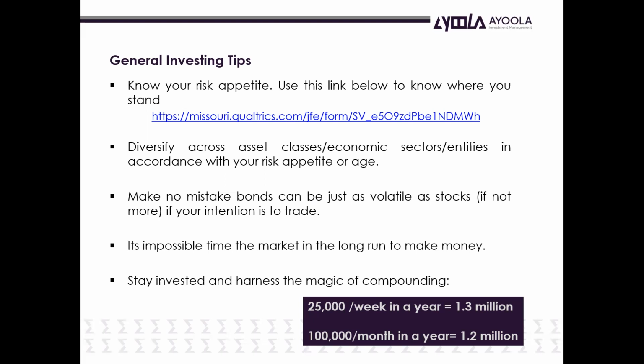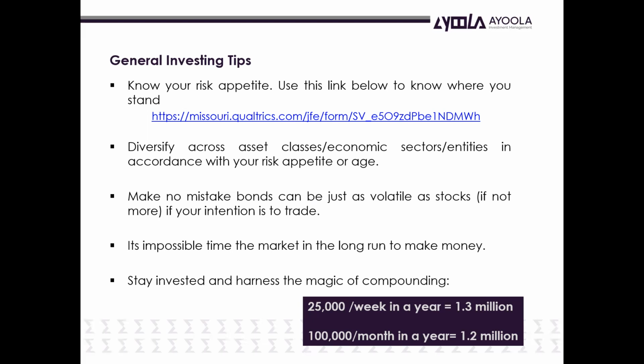We also need to understand that bonds can be just as volatile as stocks, especially if your intention is to trade. It is impossible to time the markets in the long run to make money. You could do it for a short term, but long term is impossible. You cannot time the market. And another thing is stay invested and harness the magic of compounding.